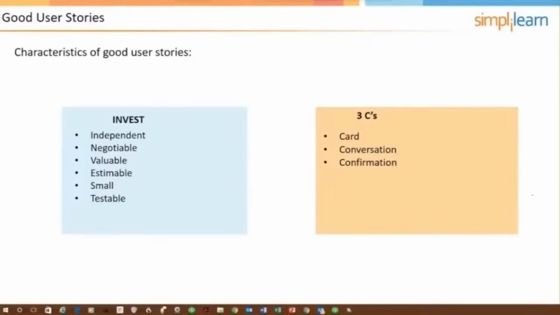So the first C is card. So user stories should be able to be written on a 4 by 6 inch index card or some media similar to that. Card. The second C is conversation.